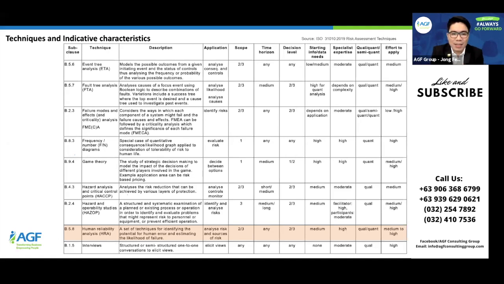It's a set of techniques for identifying the potential for human error. And not only that, it guides you in identifying the likelihood. You can estimate the likelihood of the failure, all coming from human error. So it's a specific tool just for analyzing mistakes mostly made by the process owner.